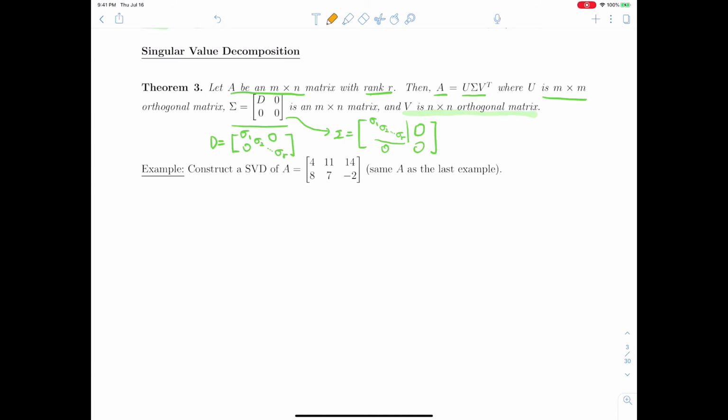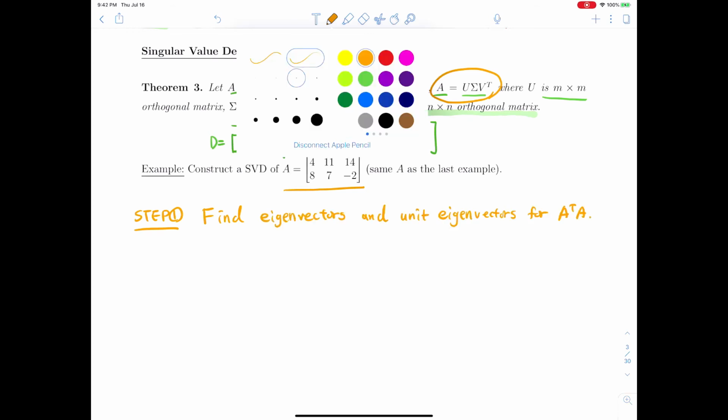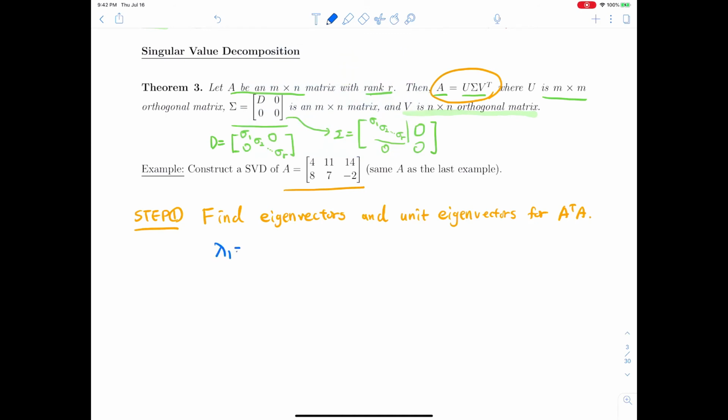So let us see how we can do this kind of factorization by looking at our favorite example. First of all, we find the eigenvalues and unit eigenvectors for A transpose A. So we know that lambda 1 equals 360, lambda 2 is 90, and lambda 3 equals 0.